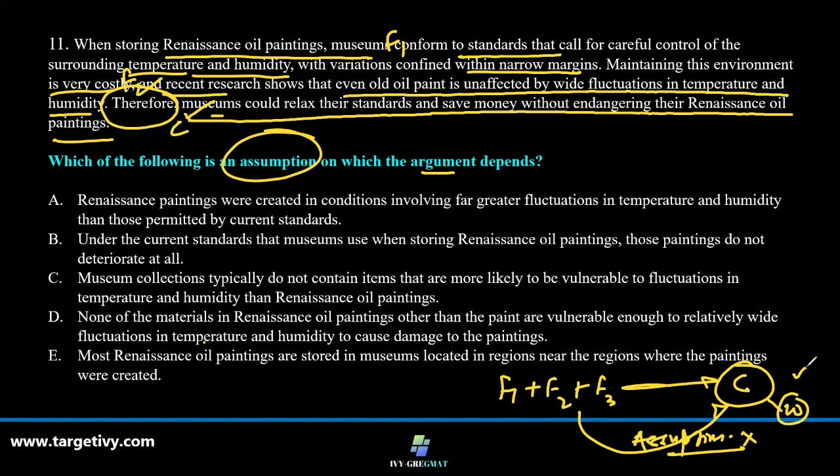Let us look at option D. None of the materials in the Renaissance oil paintings other than the paint are vulnerable enough to relatively wide fluctuations in temperature and humidity to cause damage to the paintings. Well, this assumption should be there to validate the conclusion. Why?